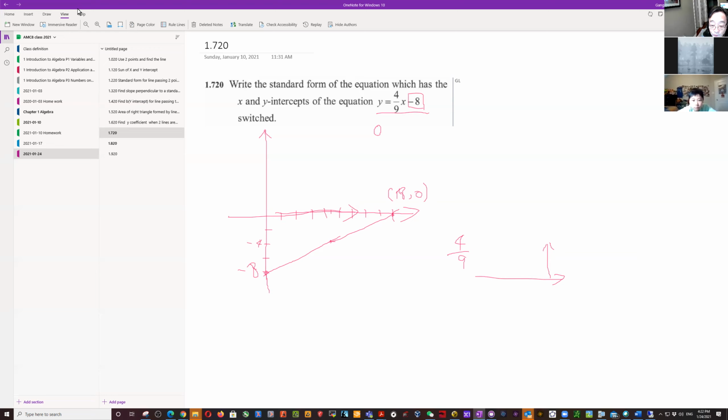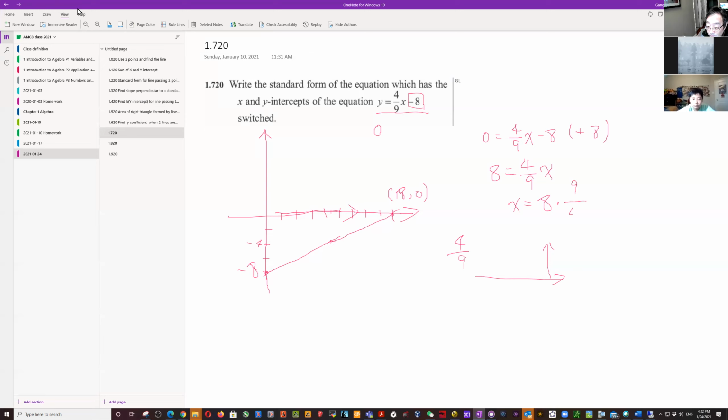If y equals 0, then basically 0 equals 4/9 x minus 8. Then I add 8 on both sides. Then basically 8 equals 4/9 x. Then x basically equals 8 divided by this number, which equals multiplying by its reciprocal.